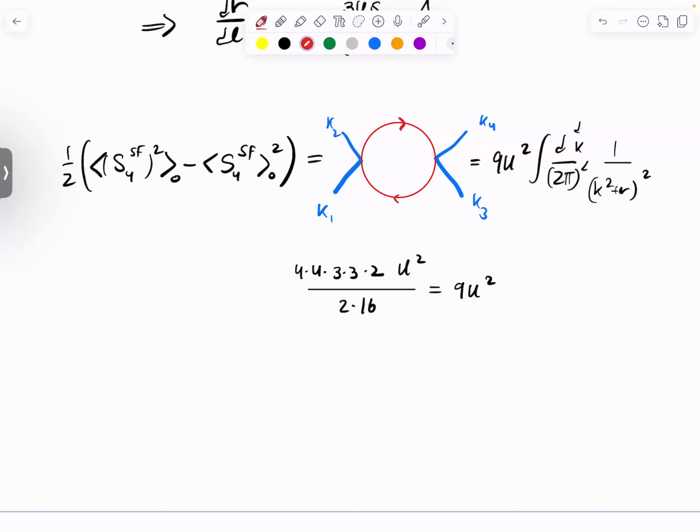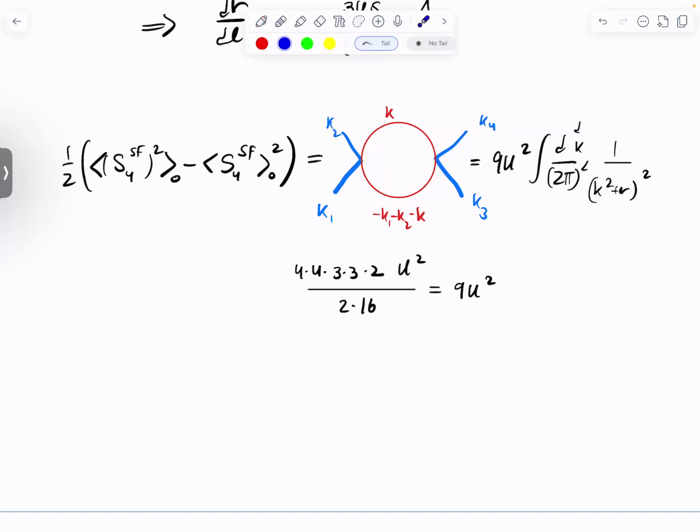Because we don't really have directions, but you could imagine that if I want to conserve momentum, then I could call this, for example, K, but then this guy needs to be something like minus K1, minus K2, minus K, right?